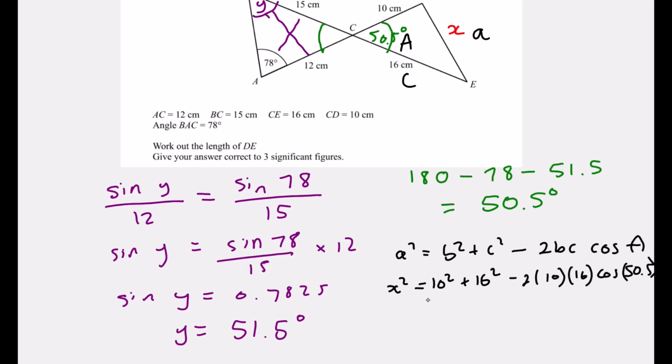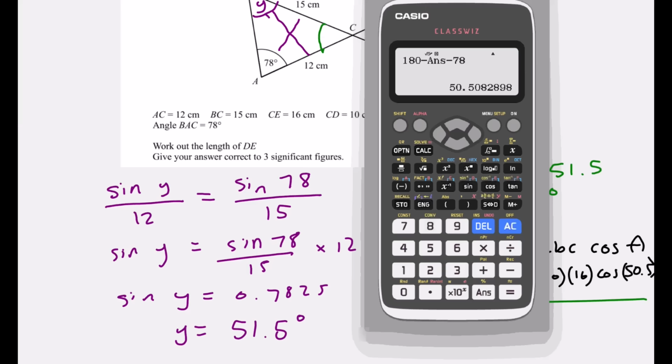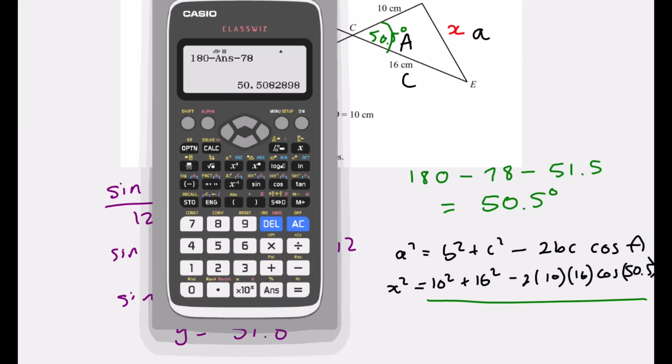I'm now going to type all of this in the calculator. It's easier to type it in one go. If you type it in steps, it's easier to make a mistake. So just type it in one go. 10 squared plus 16 squared minus 2 times 10 times 16 cos answer.